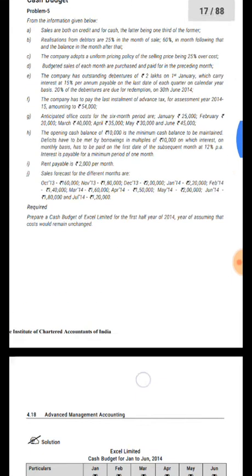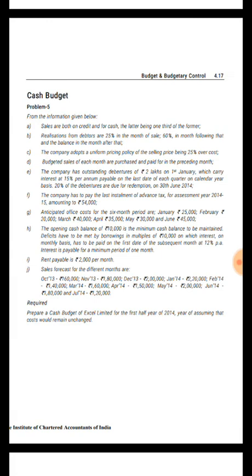Okay, then purchases. Point number C: the company adopts a uniform pricing policy of selling price being 25% over cost. That is one point. In point D, budgeted sales of each month are purchased and paid for in the preceding month.